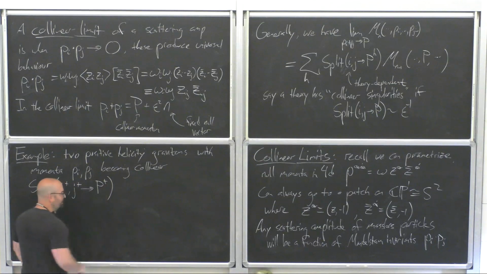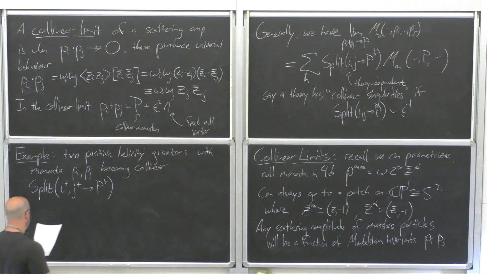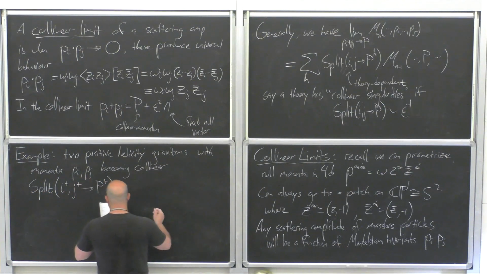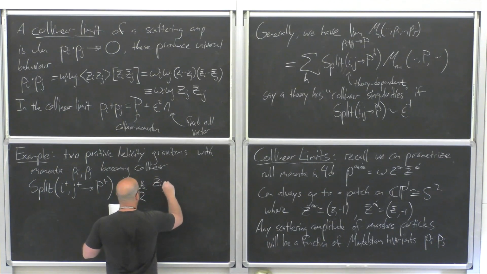You might say, well, what about if I wanted to produce a negative helicity graviton? The coupling just isn't there in GR, for instance. I'll be careful about all the signs and factors now, and then I won't be later.